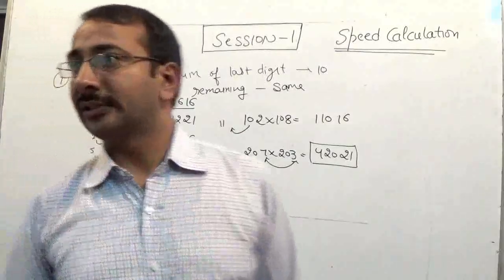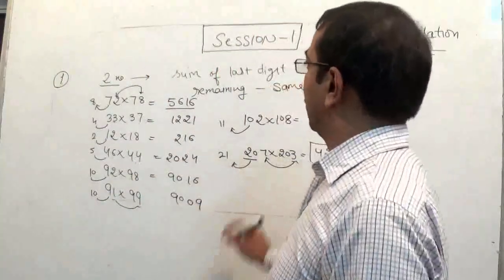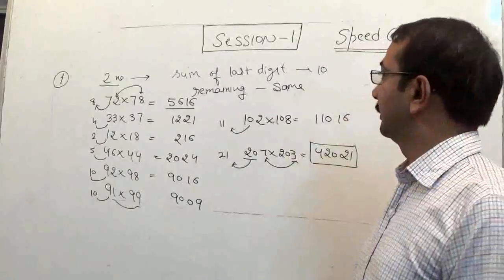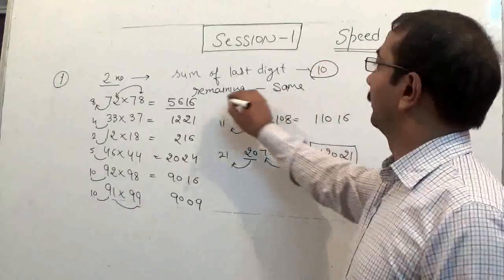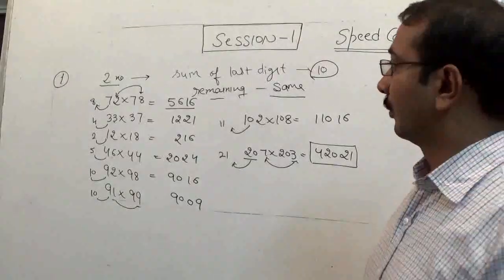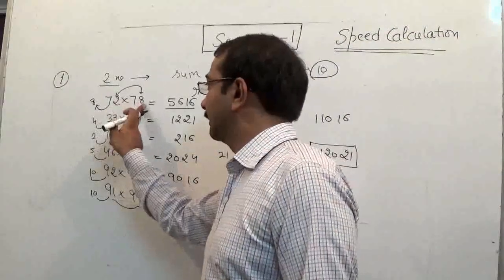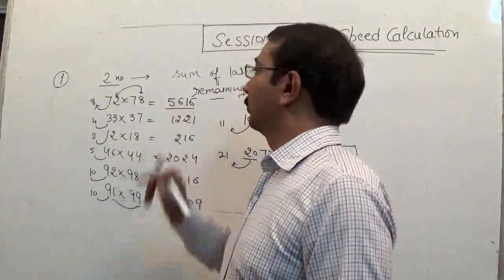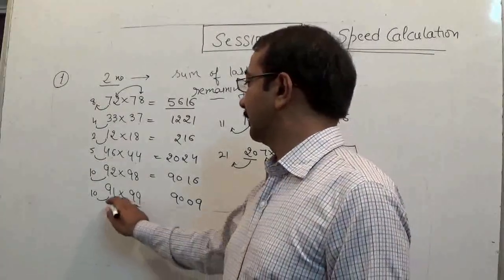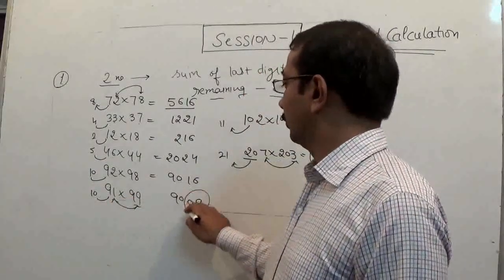What this question states is that we have to multiply any two numbers where the sum of the last two digits of the number is 10 and the remaining portion of the number is the same. In these questions, we just multiply these last two digits and we get a 2-digit number. In case where we get a single digit, we take it as 09.